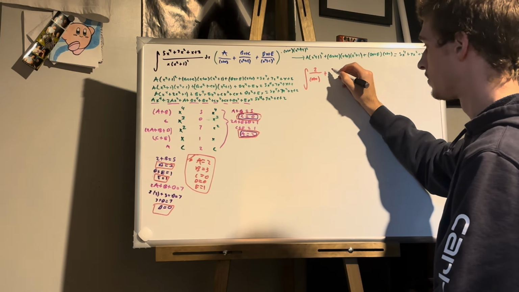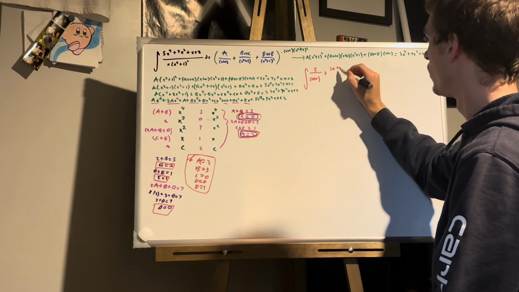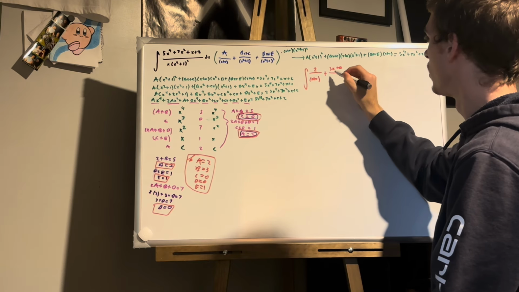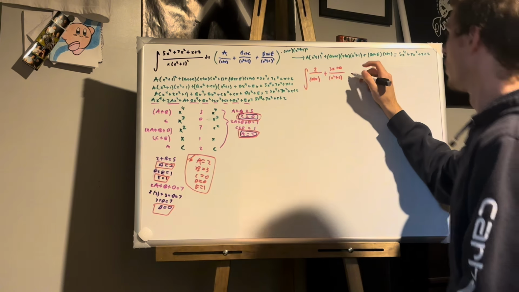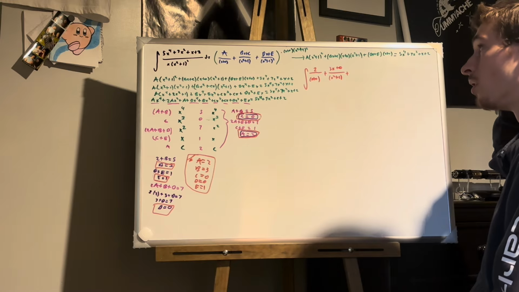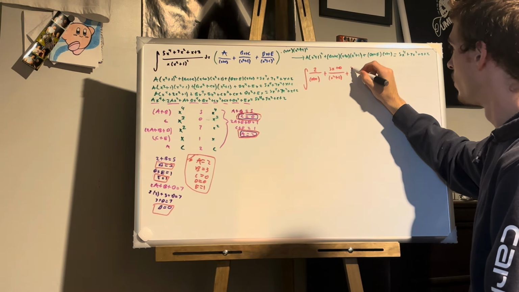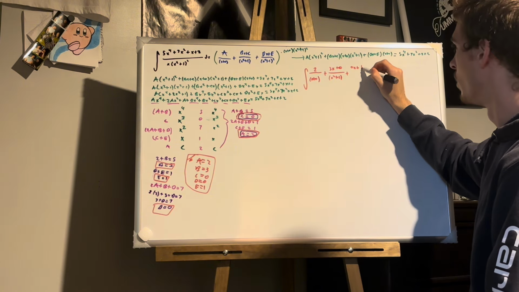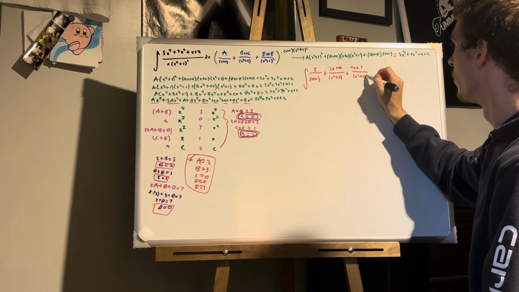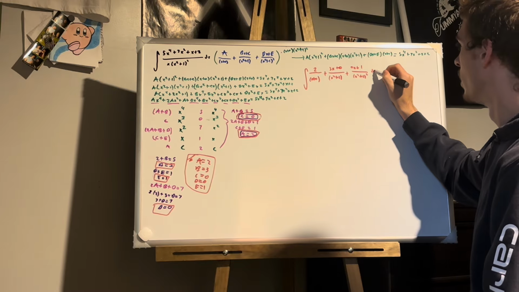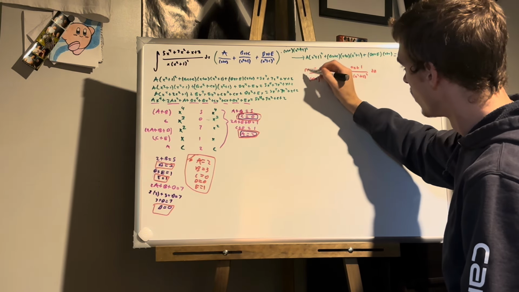So B is 3 plus C is 0 over x squared plus 1, okay, plus D, which is 0, plus E, which is 1, over x squared plus 1 squared dx. All right. Spectacular.